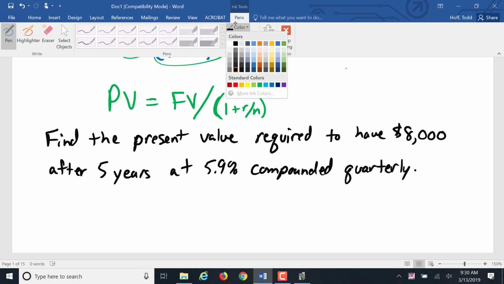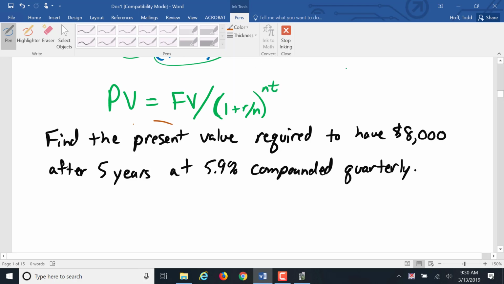So again, we're looking for that dollar amount that we have to start with. So that's the present value that we're looking to find.